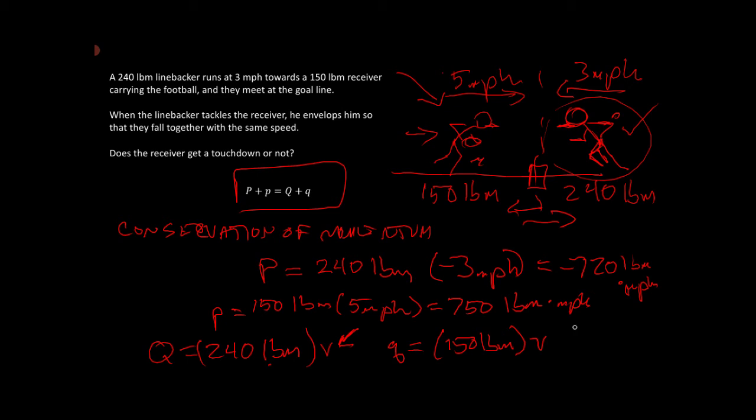Both of these terms have V's in them, and they have the same velocity because the linebacker's tackling the wide receiver and not letting him go anywhere. They're all one big package from now on.